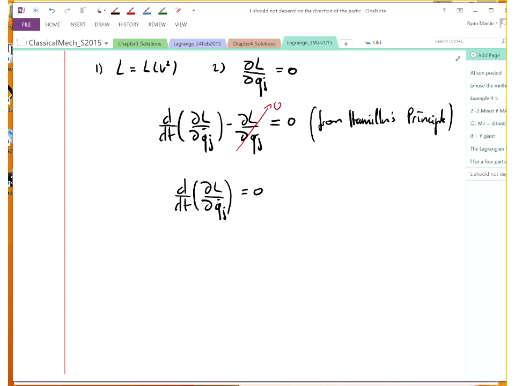So wait, if d/dt of something is equal to 0, that means that thing doesn't change with time, right? So that means that ∂L/∂Q̇_j is a constant.